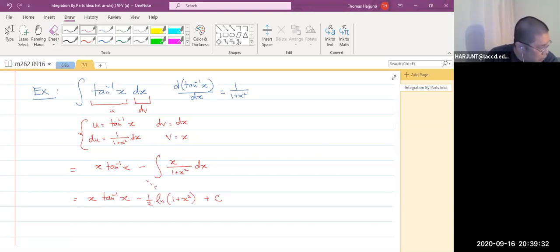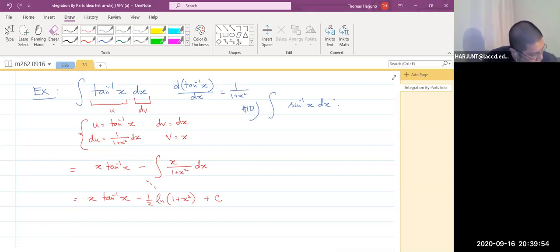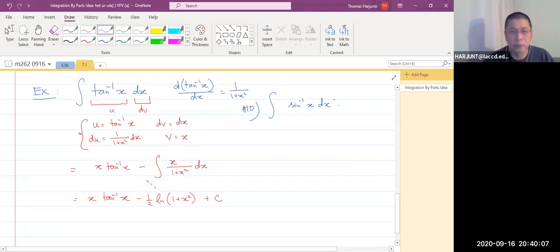Now in our textbook, number 10, you actually see a similar question. We have integral of sine inverse x dx. Let me ask you to do this problem, and then once you're done with that, I would like you to try number 20.